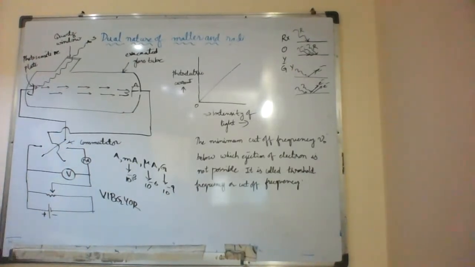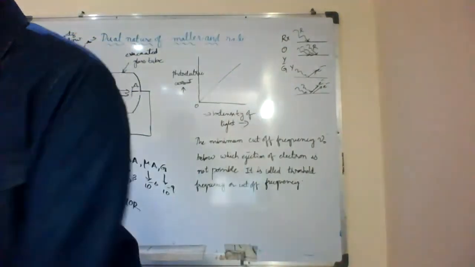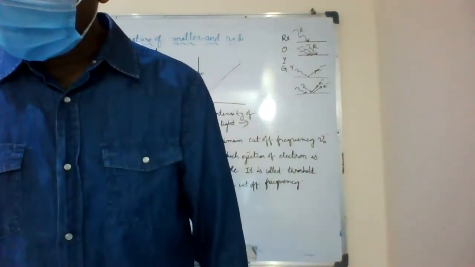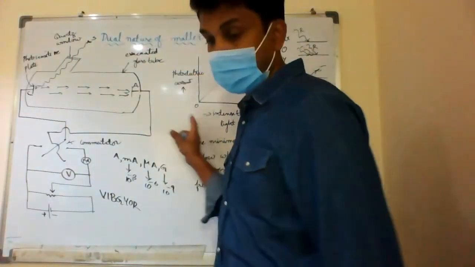Now what we are doing in the second graph, we'll go with the second graph. In the second graph, he tells about the effect of potential on photoelectric current. So I'll just write about this graph also.